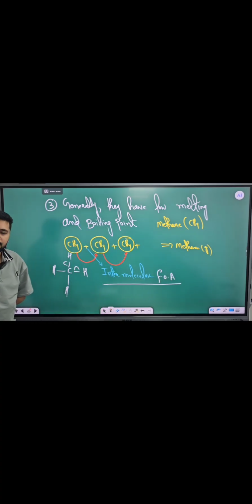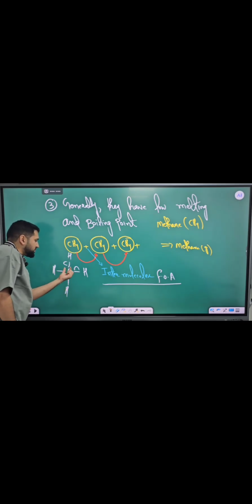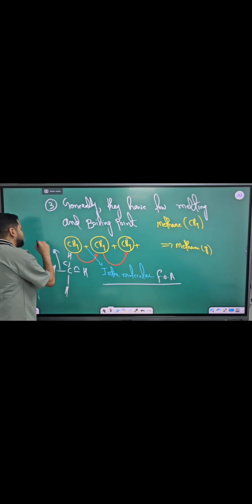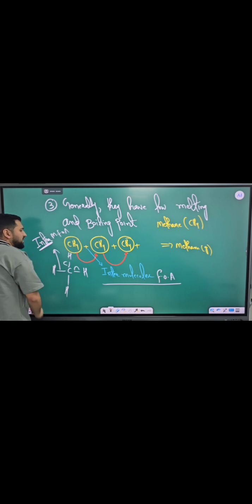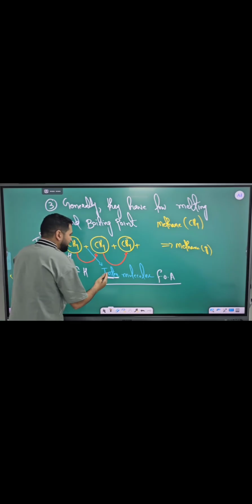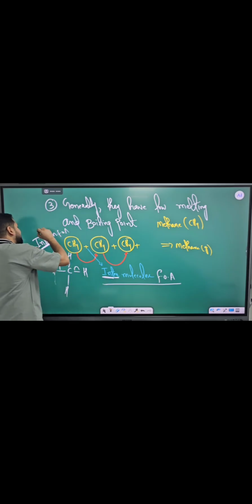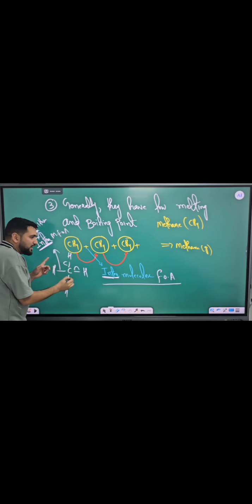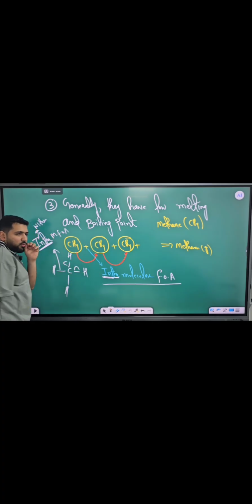I hope the idea is clear. And this bond that exists between carbon and hydrogen, I'll be calling the intramolecular force of attraction. Guys, inter means between and intra means within. So this bond is within the molecule and this bond is between the molecules.